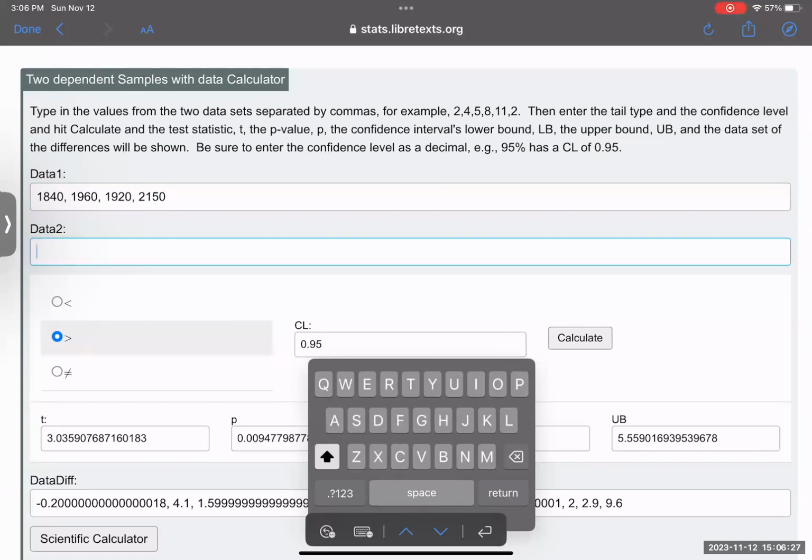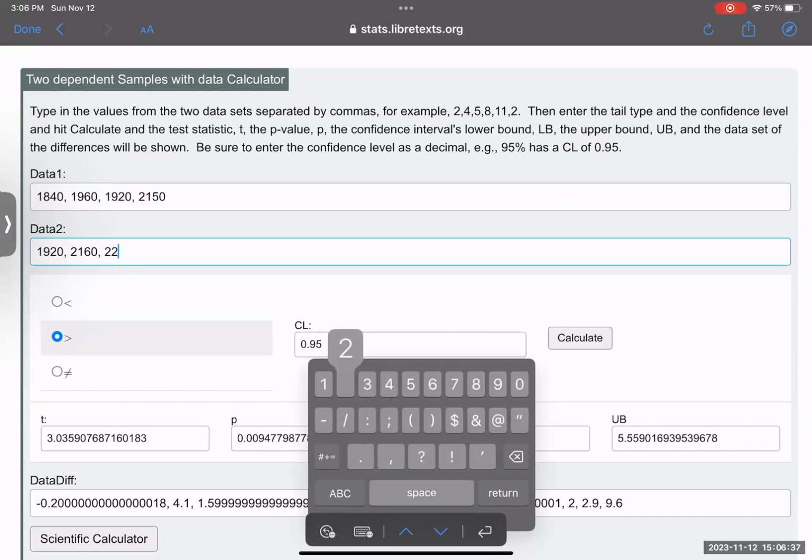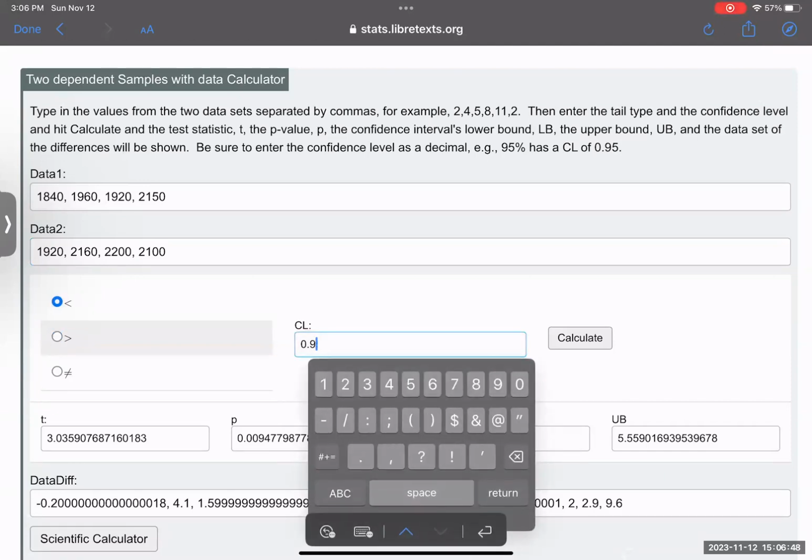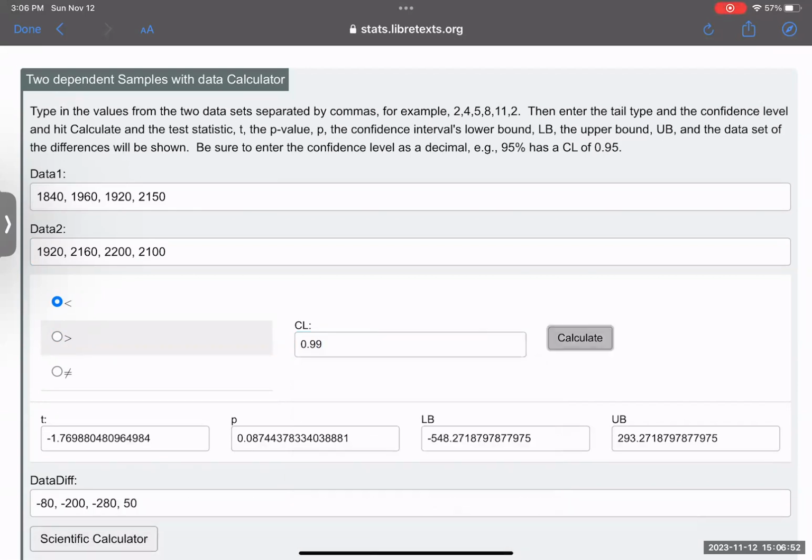Again, make sure you do the same order for both: 1920, comma, 2160, comma, 2200, comma, 2100. And we wanted to show that the differences were less than 0. Again, if you are using the upper bound, lower bound, that confidence interval, I haven't discussed them and I actually won't really ask for them, but that's why we put in the confidence level here.